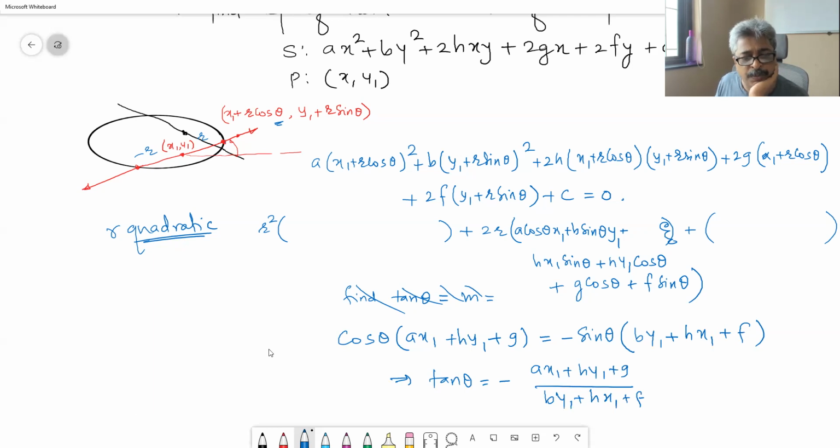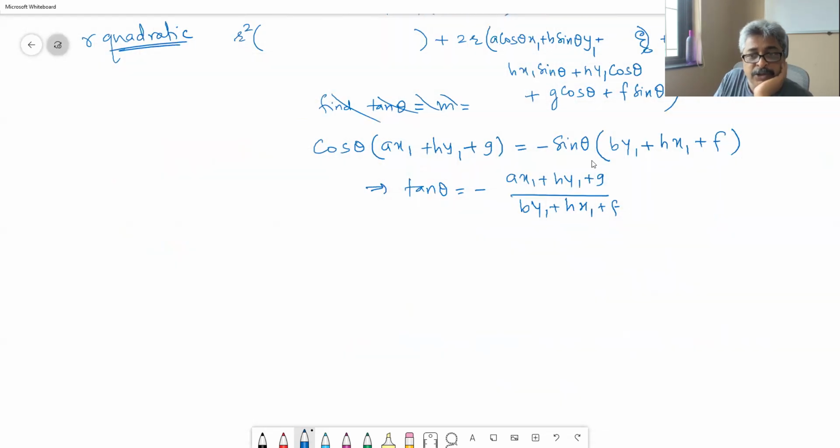This is our slope, and therefore our equation of line is y minus y1 is equal to minus of (ax1 plus hy1 plus g) into (x minus x1), divided by (by1 plus hx1 plus f).